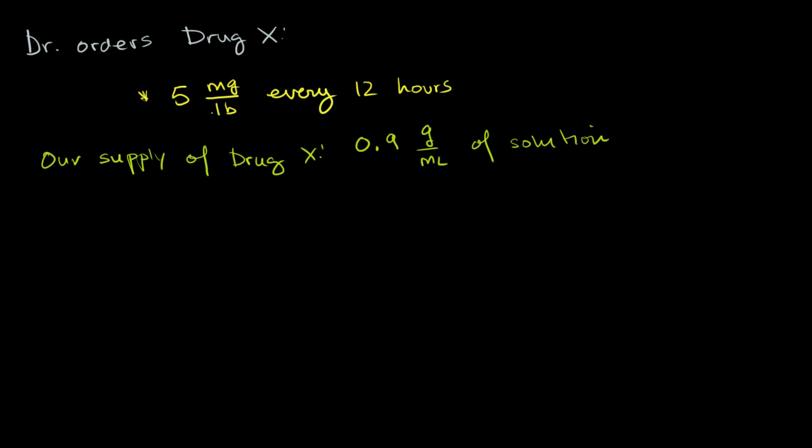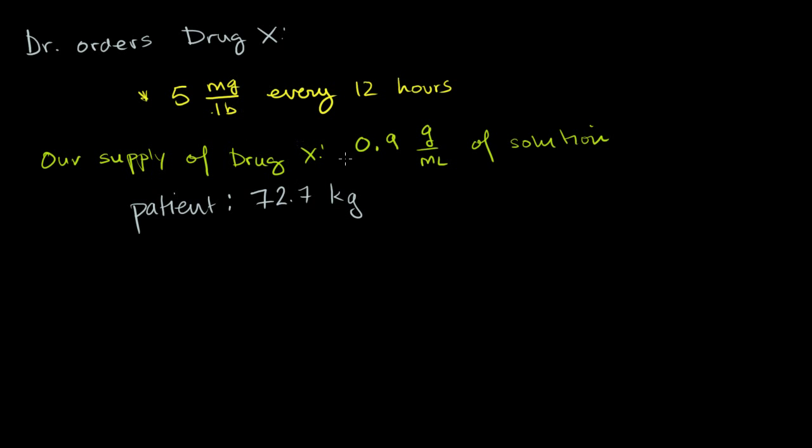And then the final piece of information we're given is that the patient weighs, and maybe we should say they mass, because kilograms is mass, but we get the idea. The patient is 72.7 kilograms. So there's a couple of interesting things here.